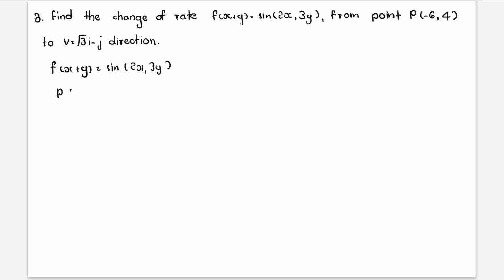The point is minus 6, 4, and then the vector v is i minus j. The formula of the rate of change in the direction of the vector u is, you know that, right? The gradient of f dot u.